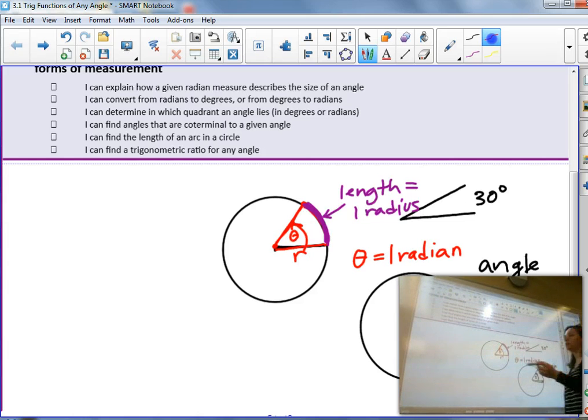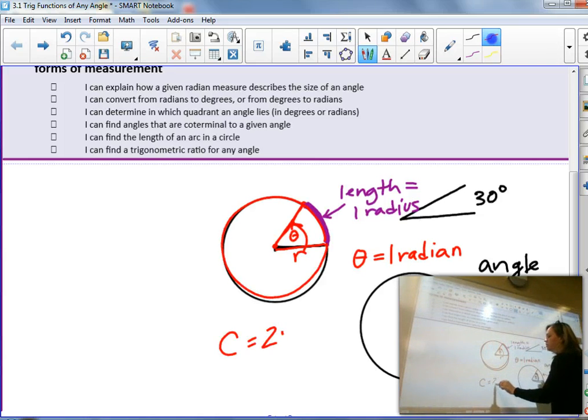And so the other thing that we said is, if we traveled all the way around the circle, circumference is equal to 2 pi times the radius. That means there's 2 pi radiuses that could wrap around that entire circle. Remember that? 2 pi times the radius means there are 2 times 3.14, which is 6.28.